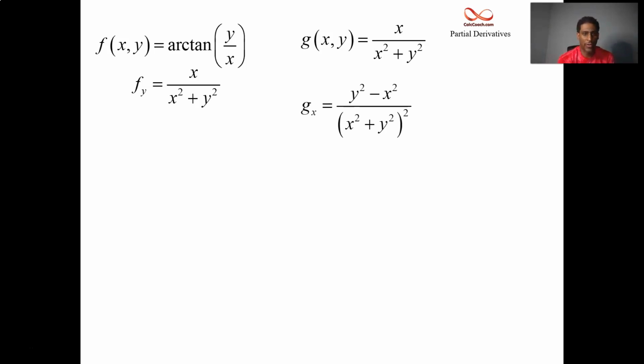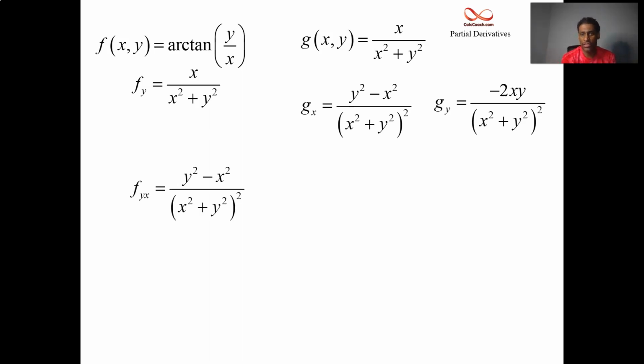The x partial is y squared minus x squared over that quantity squared, and the y partial is minus 2xy over that quantity squared. So I was setting you up to be able to look at a mixed partial by the y partial already being this g function, and then us taking the x partial of the g function, we'll have that fyx is the gx, and the fyy is the gy. So I had set you up for that already.